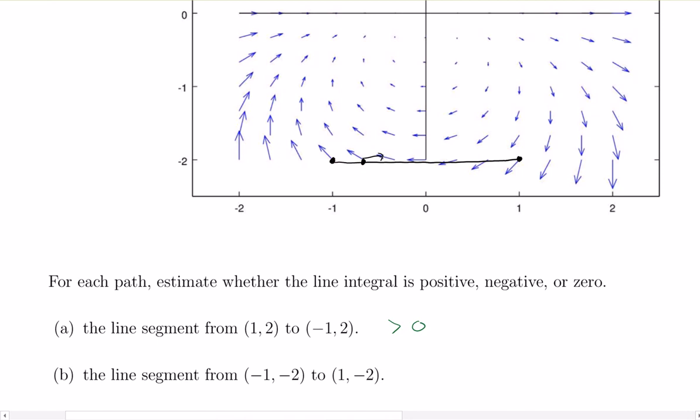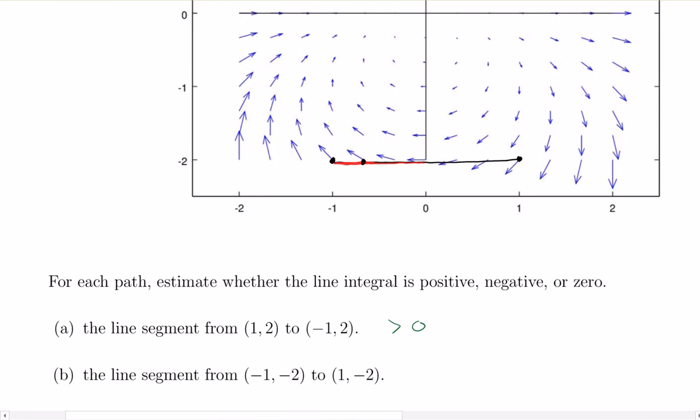Now the angle between that velocity vector and the blue arrow is obtuse. It's more than 90 degrees. So the dot product of those vectors is going to be negative, since they're pointing in the opposite direction. So here I'm going to color it red.